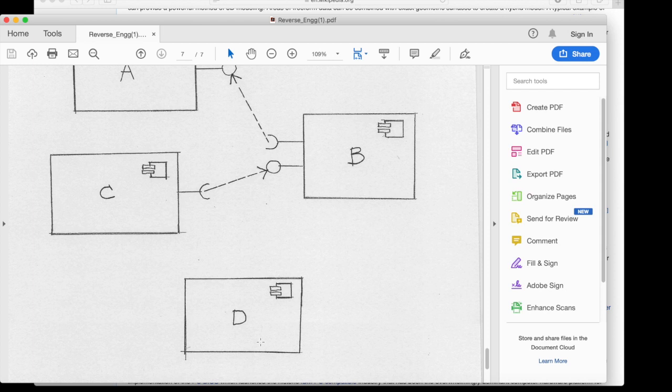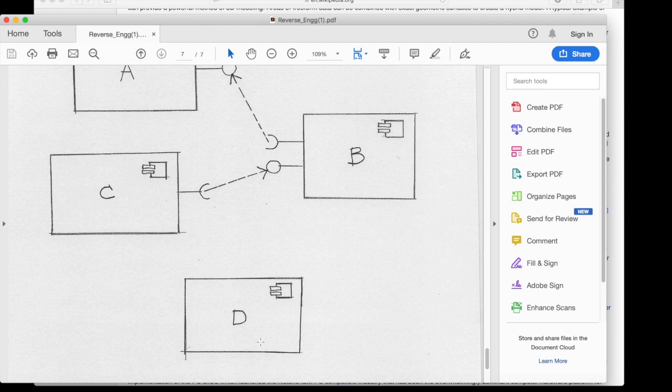Once you determine all the packages, you again repeat the procedure by drawing boundaries around the packages to form a higher group, which we call components.